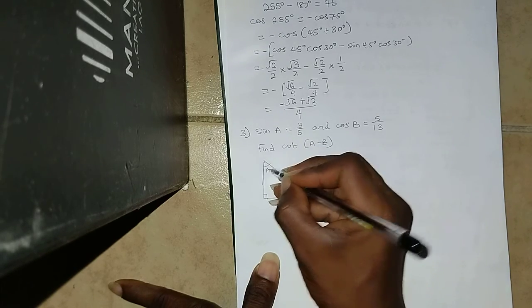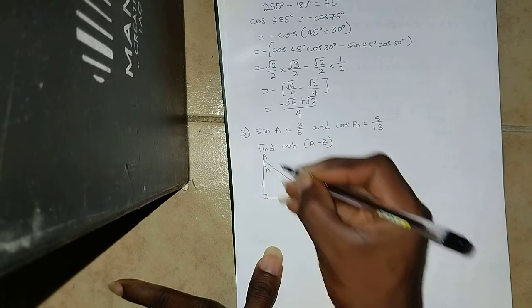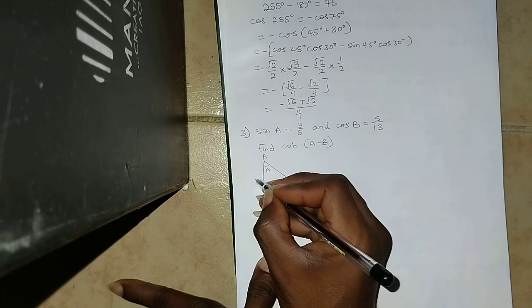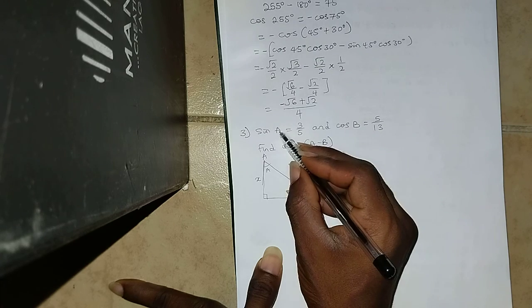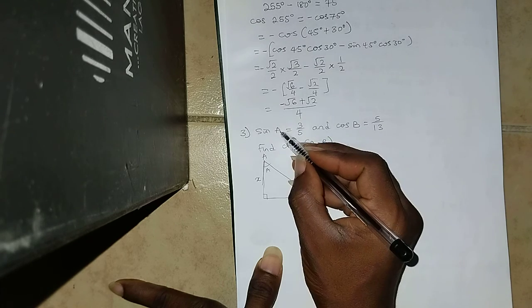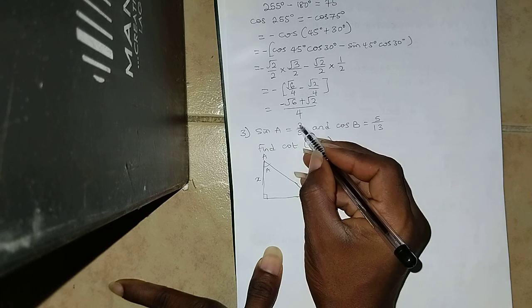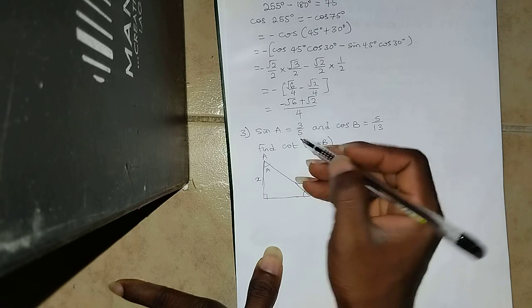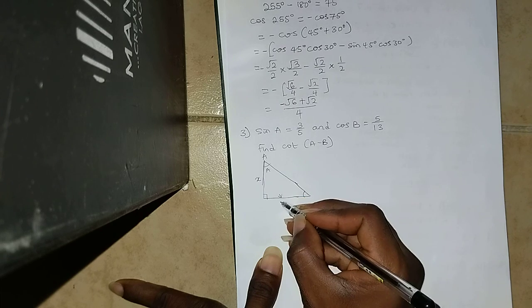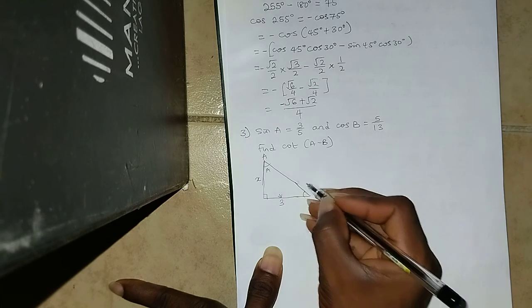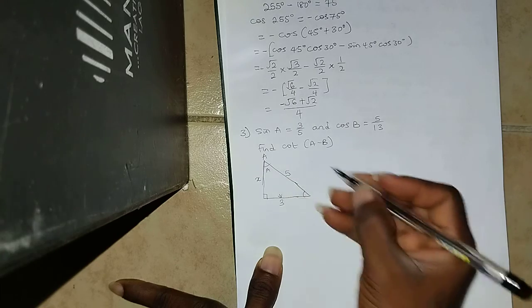So I have my angle a here, and let me assume I'm looking for this side, and because I want to work with sine first, sine says opposite over hypotenuse. If a is facing this side, this is the opposite of a, so this is 3, and this is the longer side, which is 5. So I've gotten that sine.